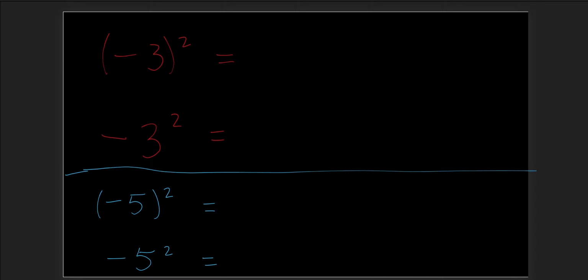And now I'll tell you that 99% of students get this incorrect until I explain it, and then you got to remember it. So like I explained with the negative 2, this negative 3 squared is saying to repeat this base 2 times. And so once we write that out, we clearly see that's a positive 9.